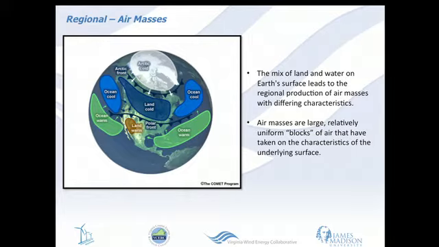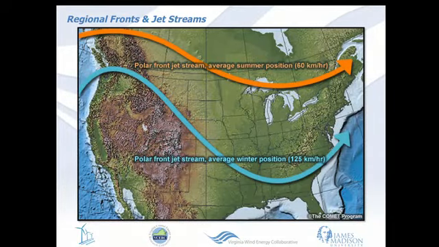So warmer areas of the planet get a warmer air mass, like you can see down in the southern U.S. And in between these air masses, as they heat and cool and move around, we get the jet streams. This is just an image showing how the location of a jet stream can change throughout the year as these air masses heat and cool.